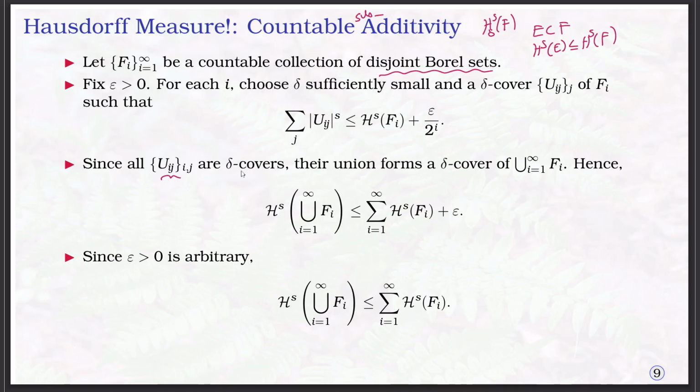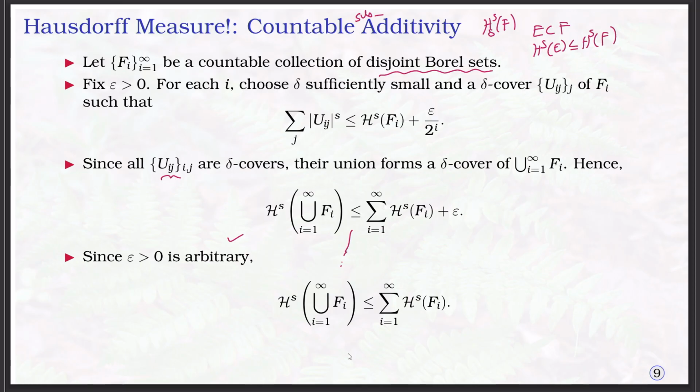Since all these collections are delta covers, their unions form a delta cover of the union of the collection of Fi. Hence, Hs of the union over i equal to 1 to infinity of Fi is less than or equal to the sum of Hs of Fi plus epsilon. Since epsilon is arbitrary, Hs of the union of Fi is less than or equal to the sum of Hs of Fi.